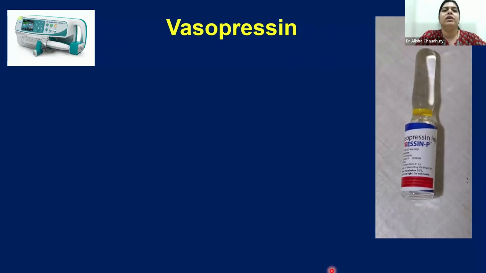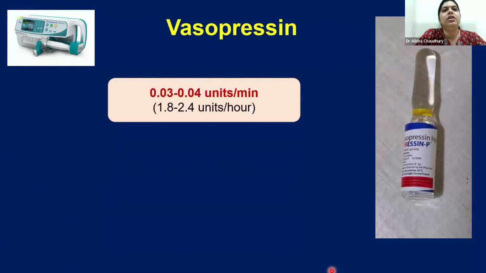So through the V1 receptor is how vasopressin exerts its vasopressor effect, that is increasing the blood pressure, but with no effect on the heart. Now, if you look at vasopressin, usually the dose is 0.03 to 0.04 units per minute, which is 1.8 to 2.4 units per hour.